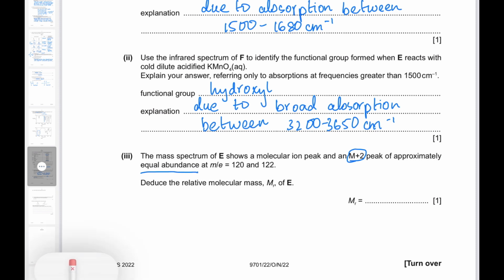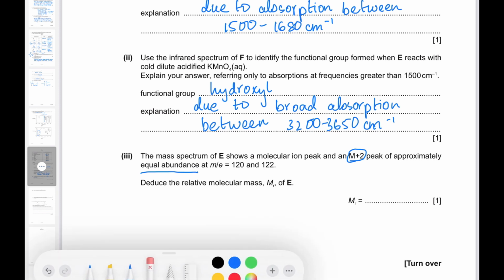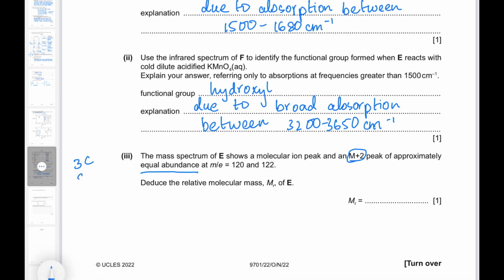So now we know that E, first it has 3 carbon atoms. There's going to be at least one carbon-carbon double bond as well as a bromine atom. Let's try and see if we can find the formula. So this double bond can be between any of the 2 carbon atoms, and the bromine as well can be on any carbon atom.